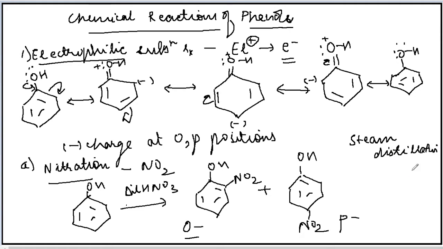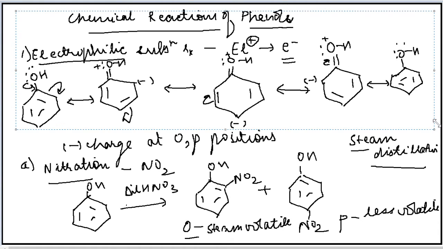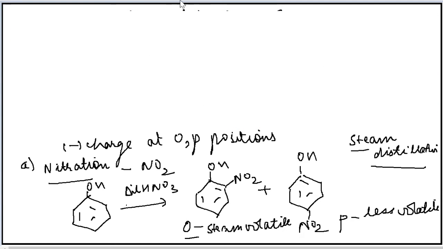How the separation occurs is, the ortho product that is formed is a steam volatile product, whereas the para product is less volatile. So they can be separated by steam distillation process. Now why is the ortho product steam volatile?